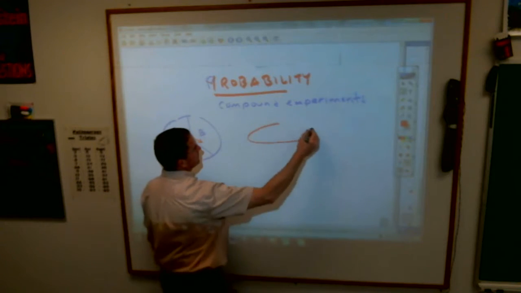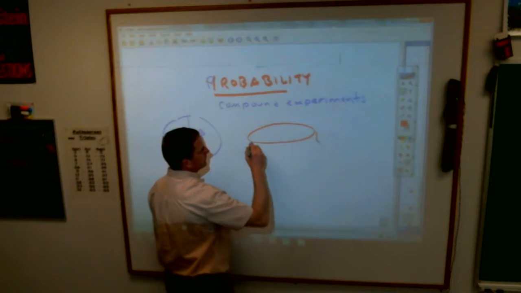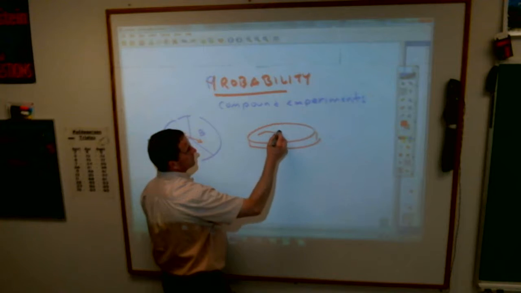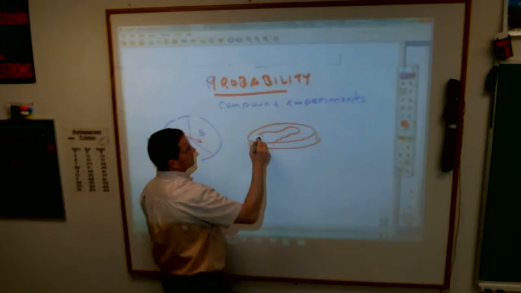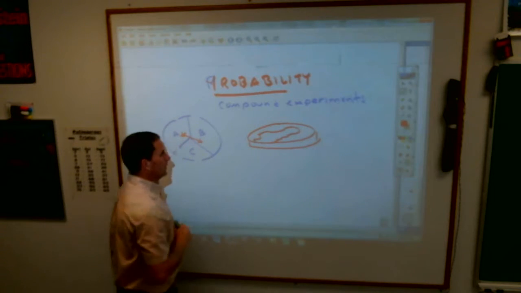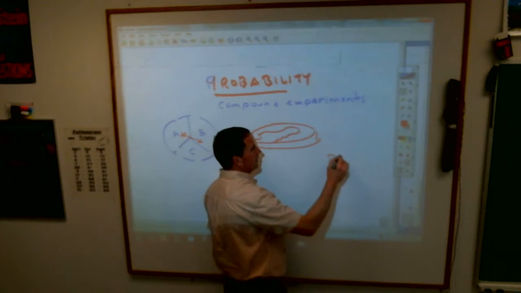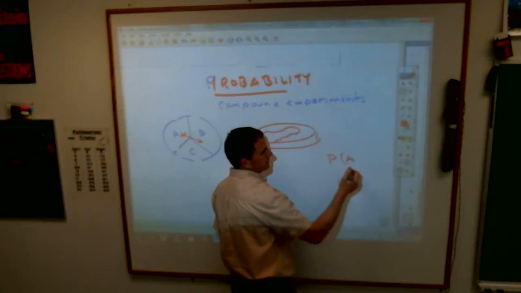You've got this coin that has a head and a tail on it. And you want to know the probability of spinning an A and getting a head on the coin.